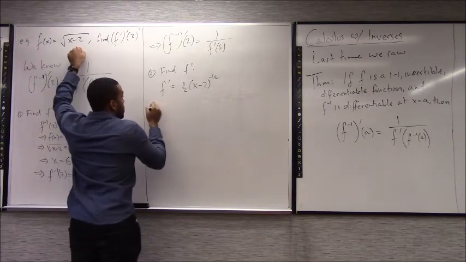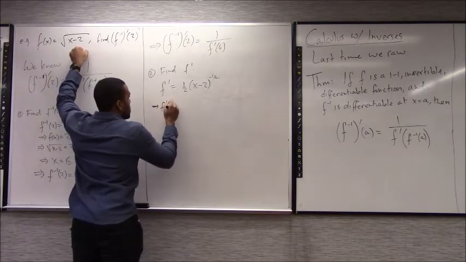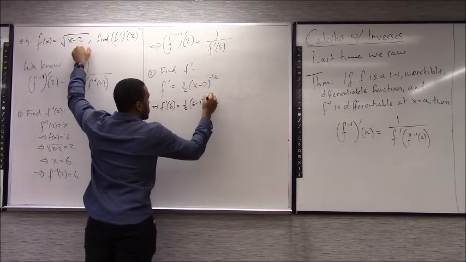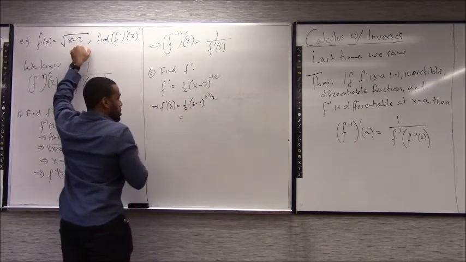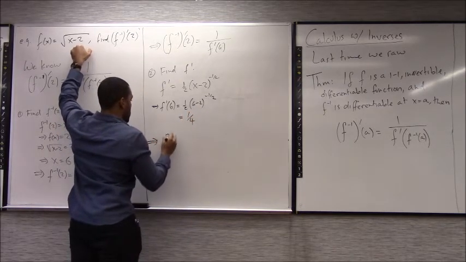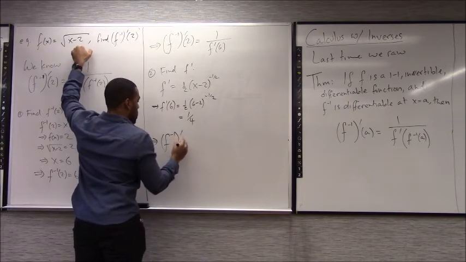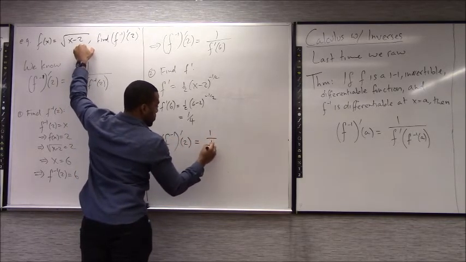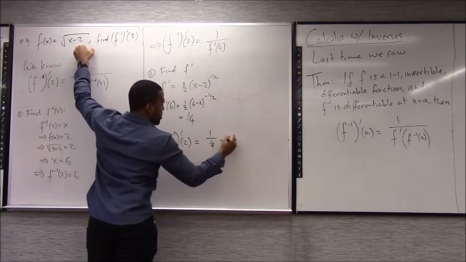And so f prime of 6 is going to be 1/2 times 6 minus 2 to the minus 1/2. What is that going to give us? 1/4. This means that the derivative of the inverse at 2 is 1 over 1/4, which is 4.